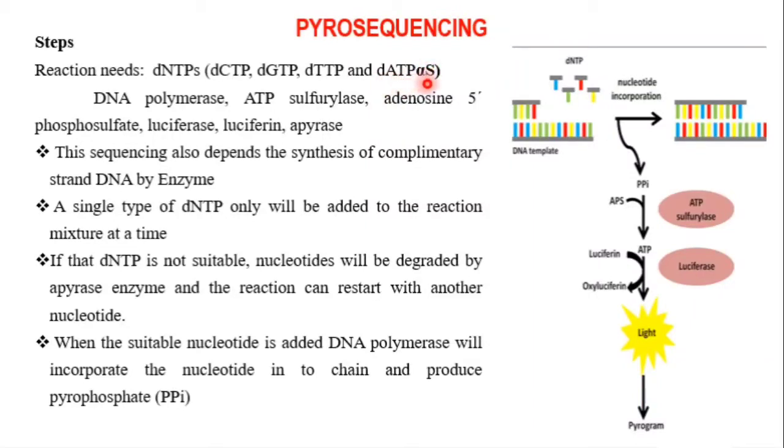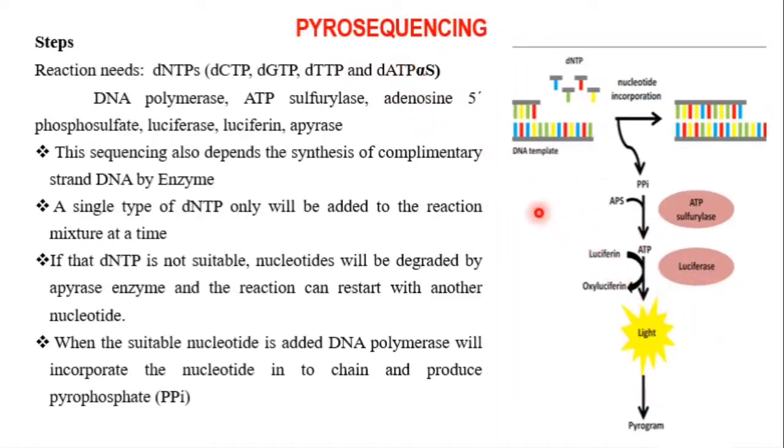Here you see the luciferase enzyme has ATP as a substrate. If we used normal ATP here, the luciferase would use this ATP for the synthesis of light, in addition to the ATP synthesized from PPi.